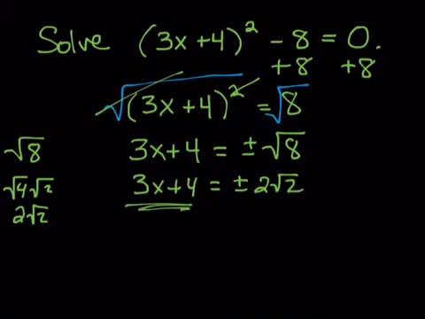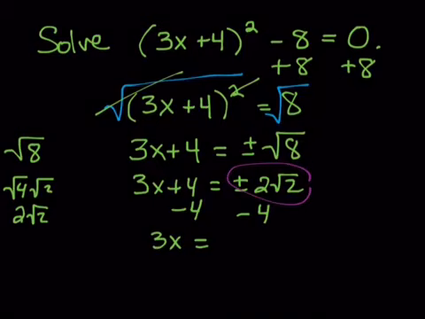Next, solving for x, we're going to subtract 4, and then you have 3x equals, and then this square root term and the -4, the integer term, can't really be combined, so we would normally write that -4 first, and then plus or minus 2 square root 2.